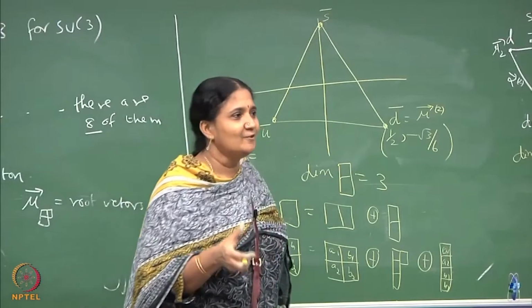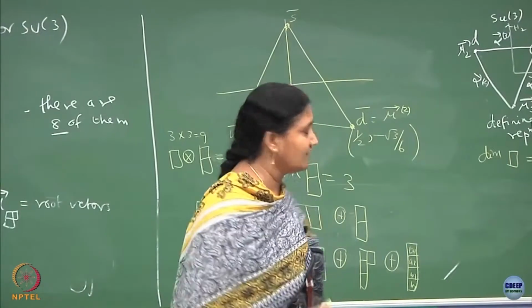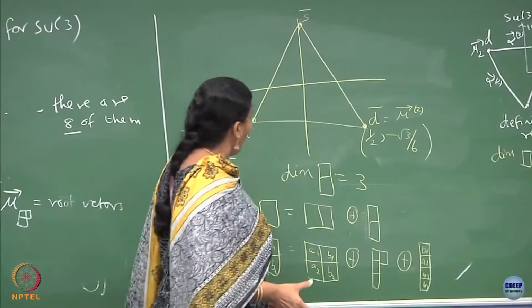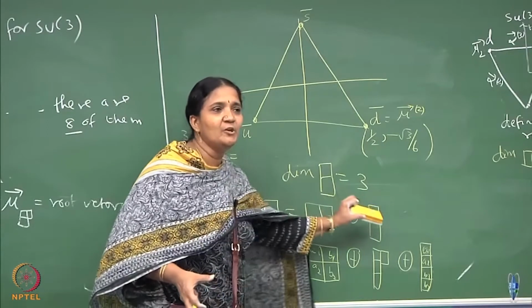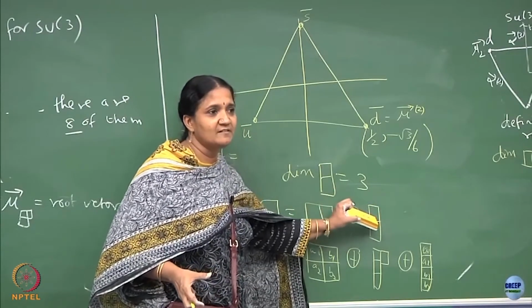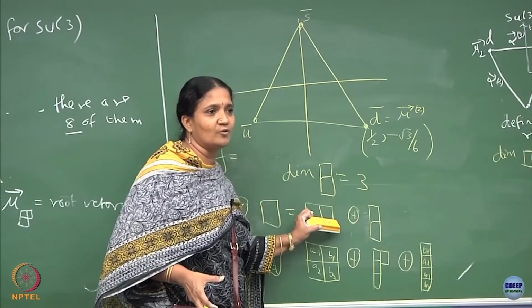You have a 2 quark object, but it is a reducible representation, and that 2 quark reducible representation breaks up into irreducible representations. What are these dimensions? Now you can work it out.